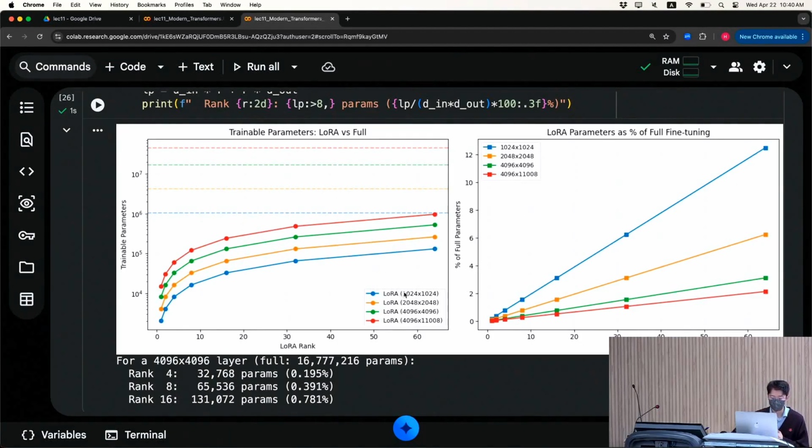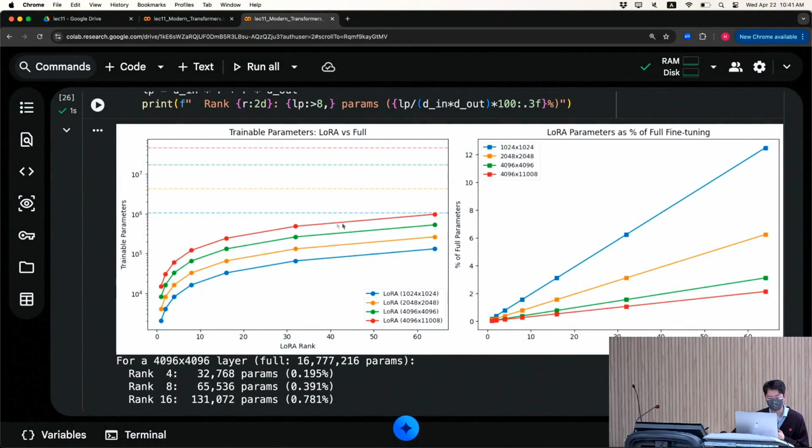So for example, if you compare this full matrix of 1,000 by 1,000 dimensions, as you increase the rank here, this dotted line is with the full matrix. You have significant savings in the training parameters. And same thing for this large matrix, the red matrix here.